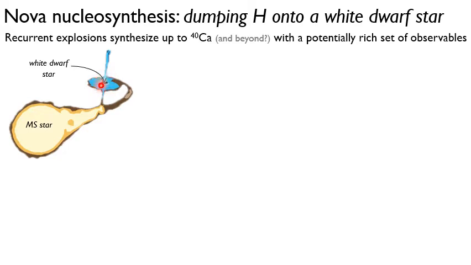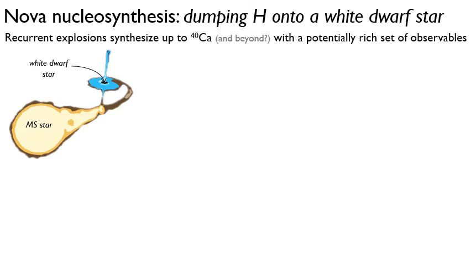That gas will build up and become hot and dense, and eventually you have a bomb. The surface layer will burn, and you get a lot of light produced for quite a while, and that can make elements up to calcium-40 and potentially beyond. So this is nova nucleosynthesis, and we talked about the nuclear reactions in the hydrogen burning quick notes briefly.